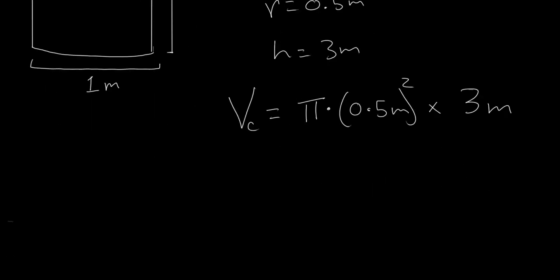And let's just plug this into a calculator. So 0.5 to the power of 2 is 0.25 times 3 meters times pi. We're going to get a volume of 2.36 meters cubed.